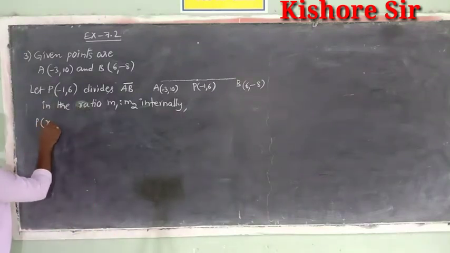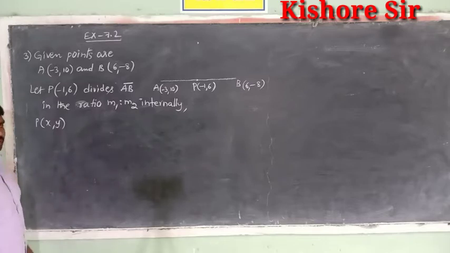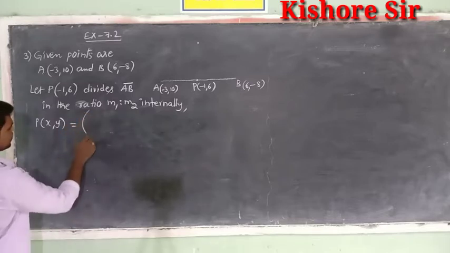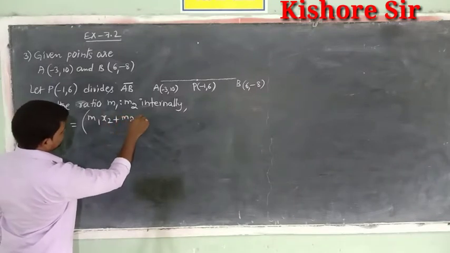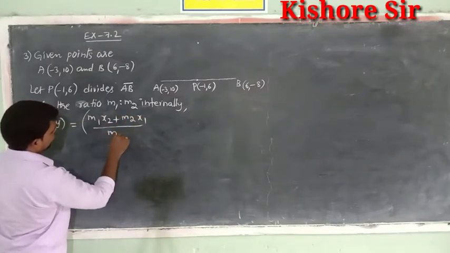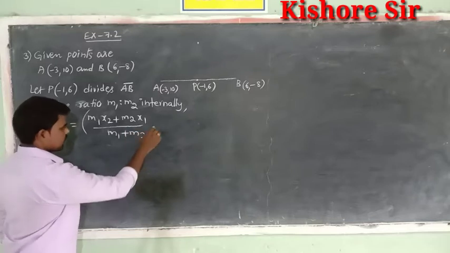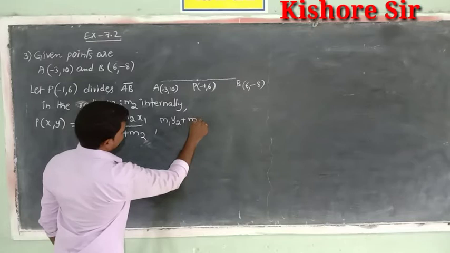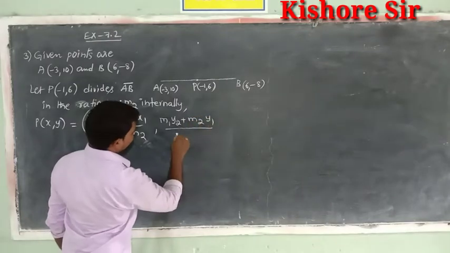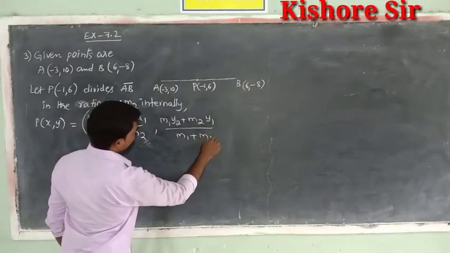The section formula is P(x, y) is equal to ((m1 x2 + m2 x1) / (m1 + m2), (m1 y2 + m2 y1) / (m1 + m2)).